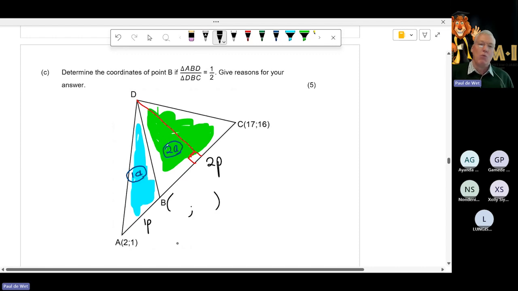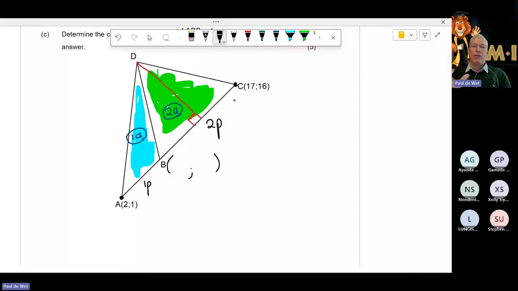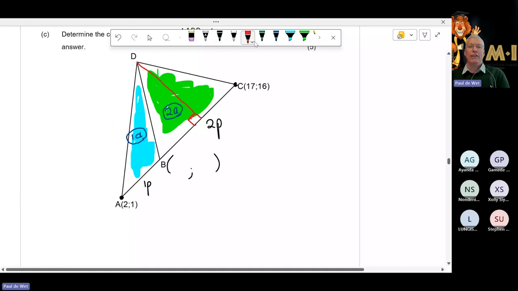Now, guys, who can tell me in words, how far along the line from A to C must I go? I must go 1P out of 3P. I must go 1/3. And remember what I said earlier, if I want to go 1/3 of the way, let's have a look at how we're going to do that. What's the change in my X value from A to C?